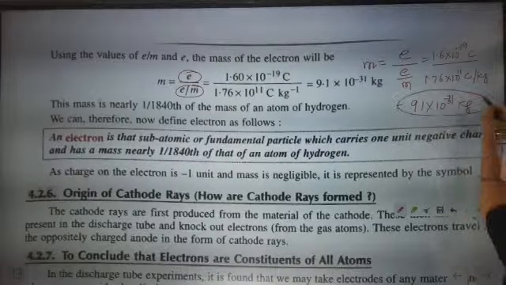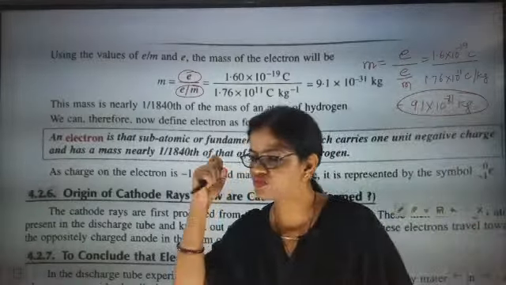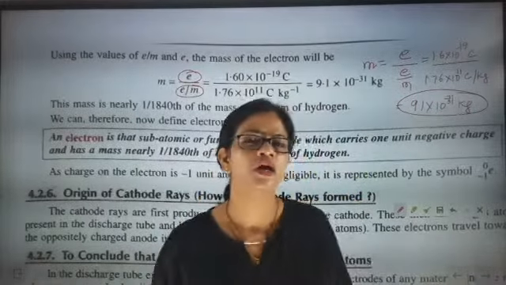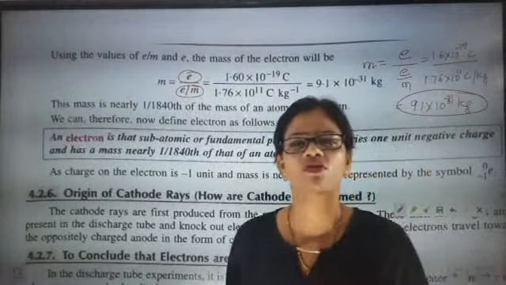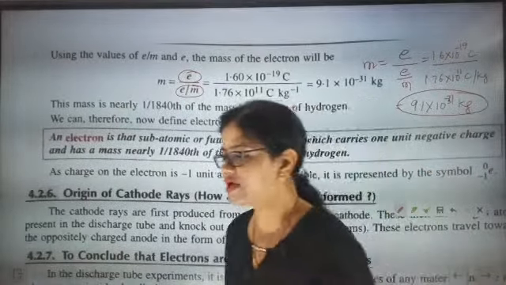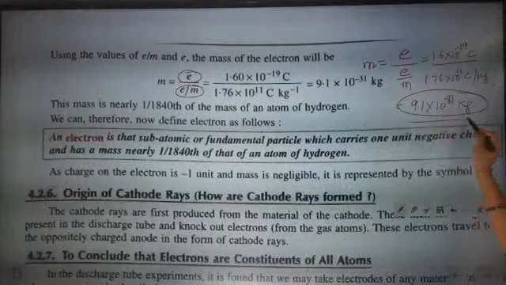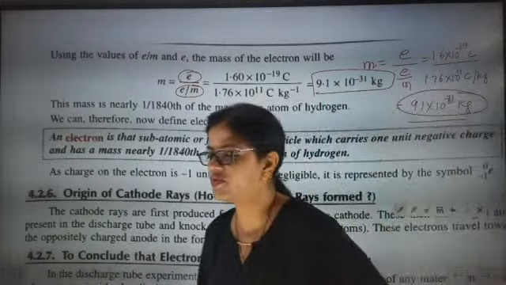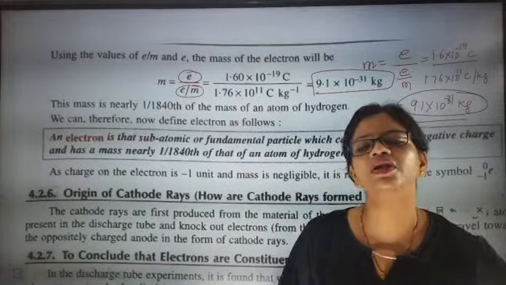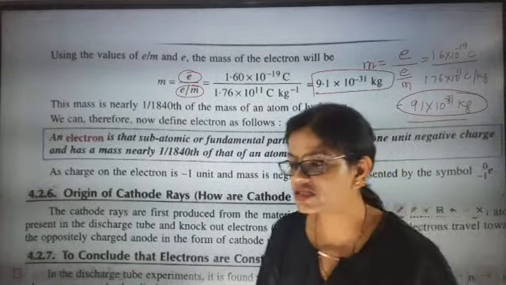Remember this one. This is the smallest mass. So what is the mass of electron? The mass of electron is 9.1 into 10 to the power minus 31 kg.